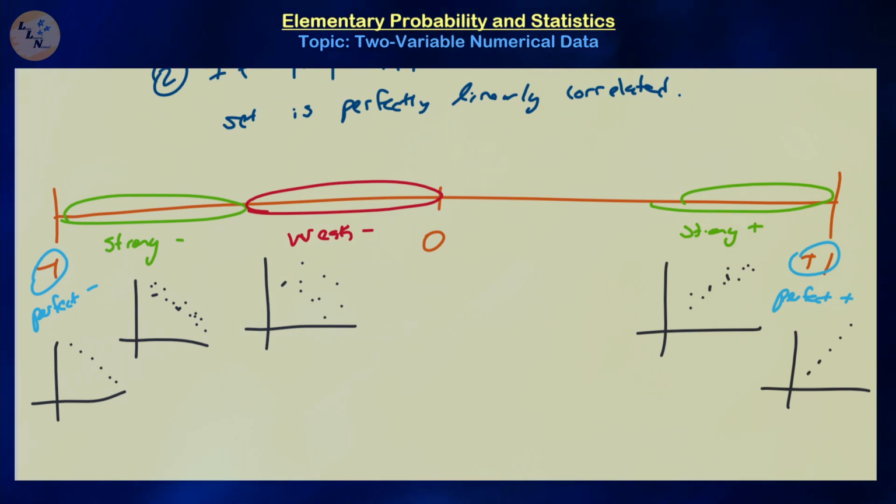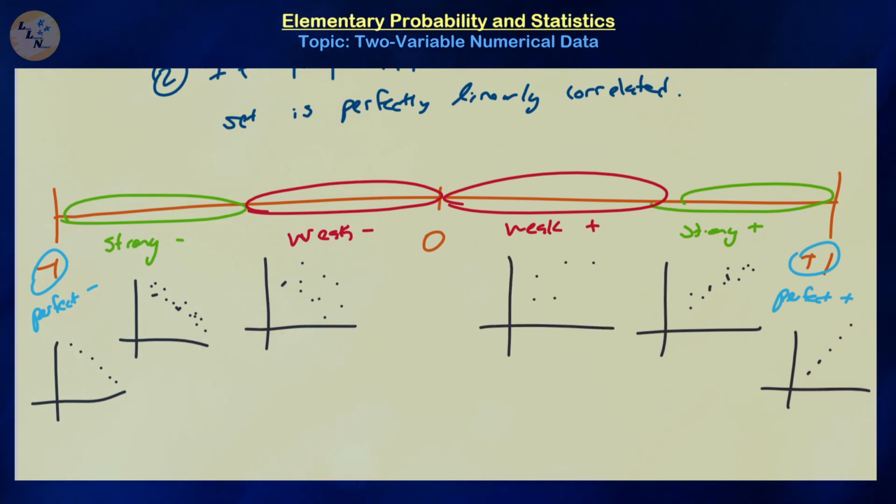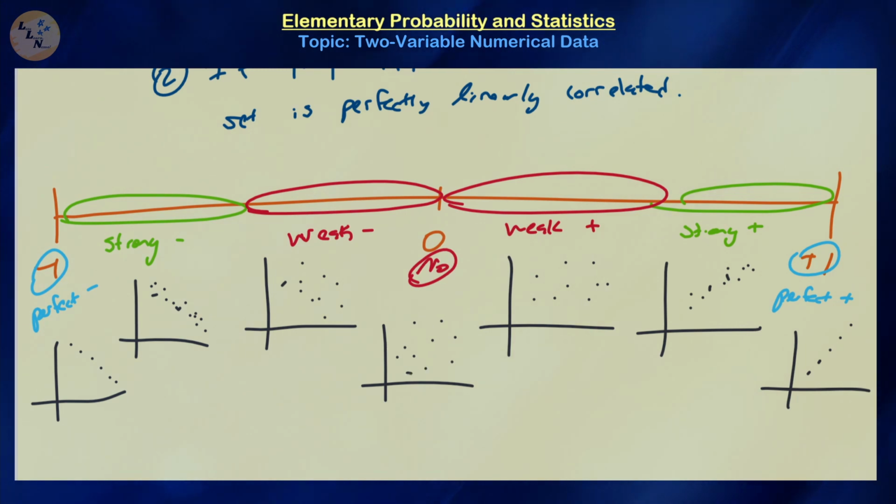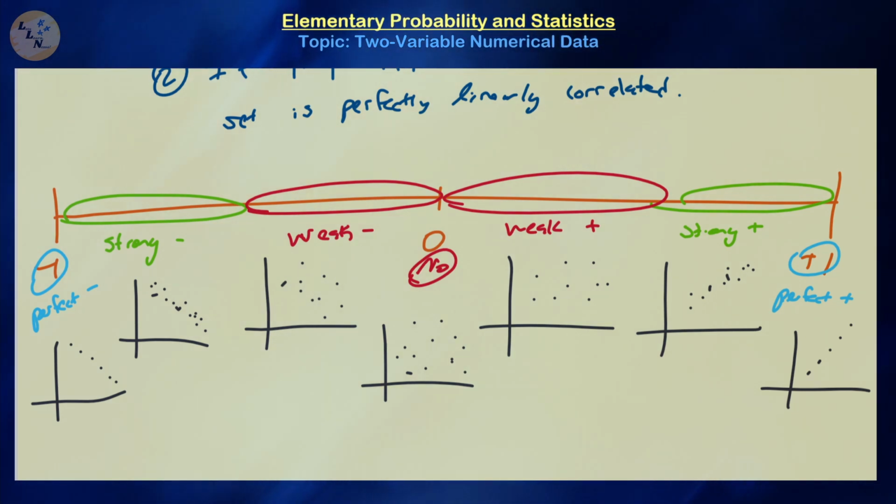Similarly over here, this is going to be a weak positive correlation, something like that. And then in the middle is no correlation whatsoever, where you have practically randomness. Those are all of the different categories for correlation coefficient interpretation.